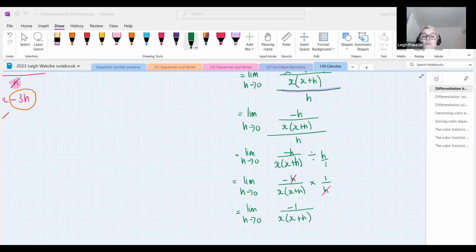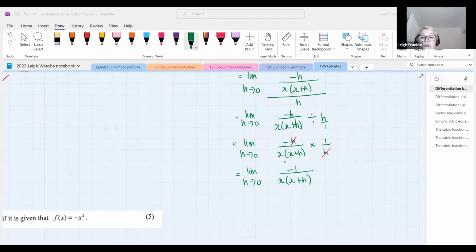Exactly, we're going to change it to a multiplication. Quite right. So once we have done this, we are now at that point where we have gotten rid of our h. Instead of factorizing, what we've done is multiply by the reciprocal so that we can get rid of that h at the bottom.